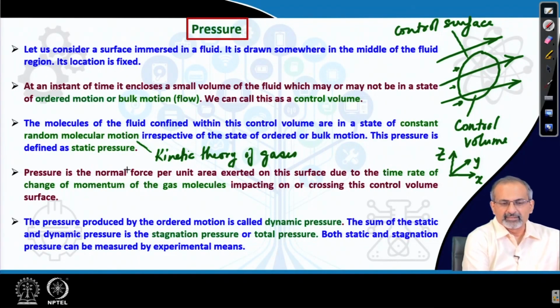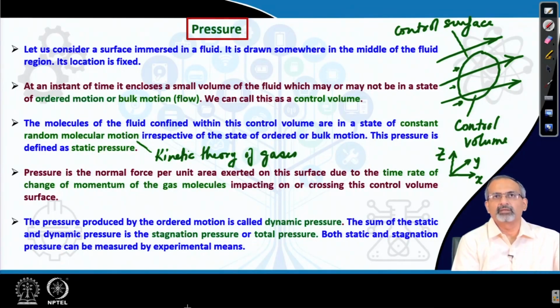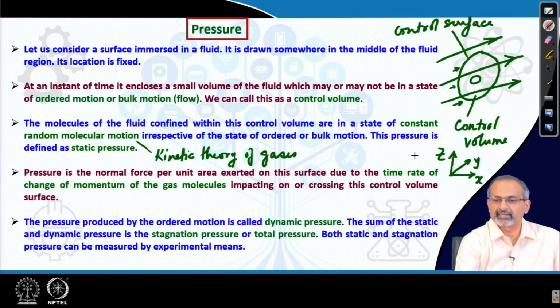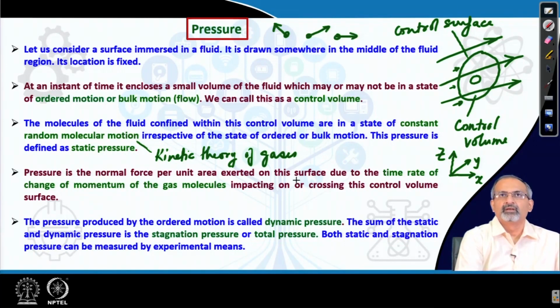And these random molecular motions occur irrespective of whether the fluid has a bulk motion or an ordered motion. Now, what do we mean by that? If we zoom very deep into this control volume, almost to the molecular scales, we would be able to see molecules moving around randomly in different directions and often colliding with each other. But that does not mean that the flow overall has a velocity.